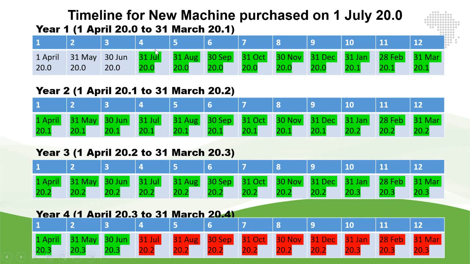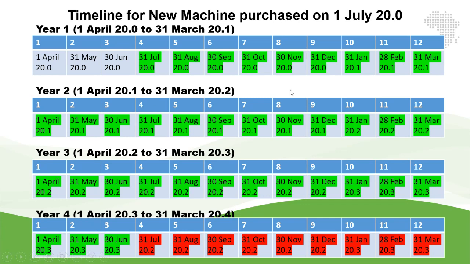And if you check on number 4, we need to make sure a financial period has how many months? 12 full months. So April 20.0 will be our first month and 31st March 20.1 will be our 12th month. This new machinery was purchased in July 20.0, which forms part of year 1.